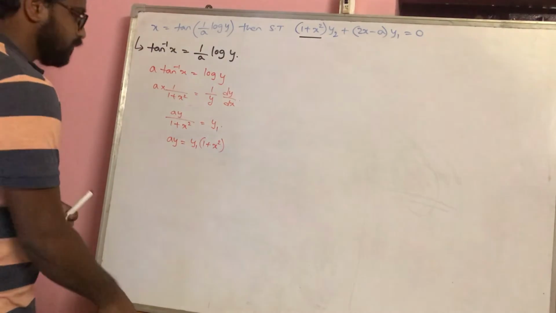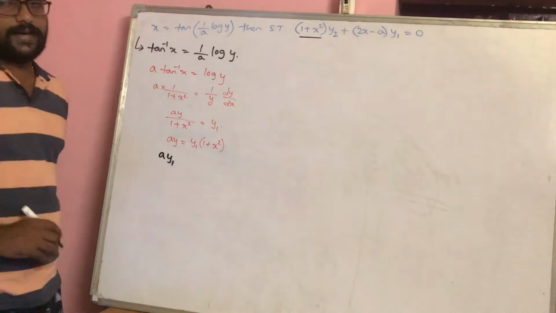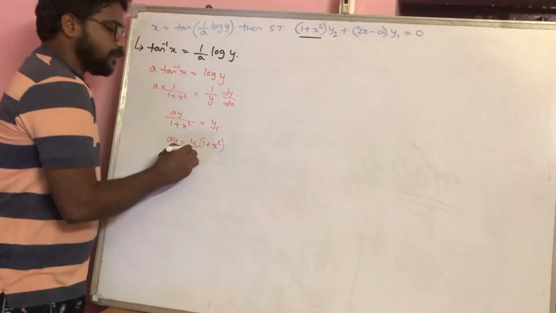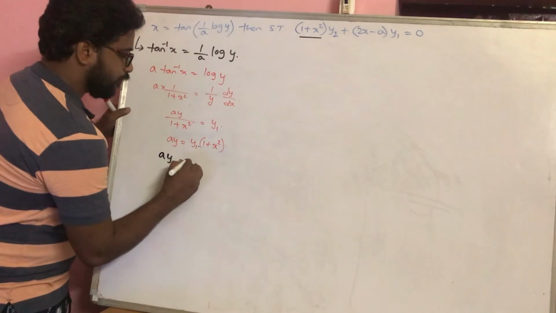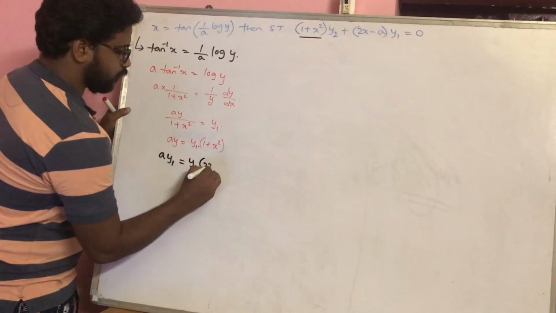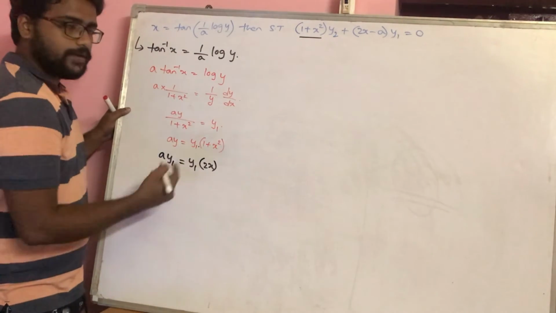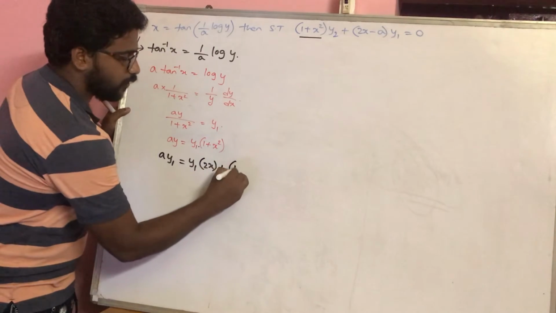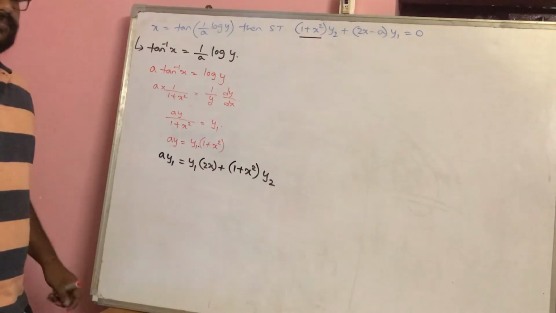Now apply the differentiation. A is a constant anyway, so you get a y1. If you observe here, this is a product of two functions, so you have to go for the product rule. So y1 into 2x, because the derivative of 1 is 0 and the derivative of x square is 2x, and then the 1 plus x square term remains as it is, and the differentiation of y1 is y2.